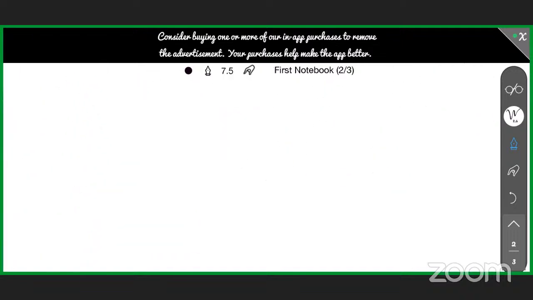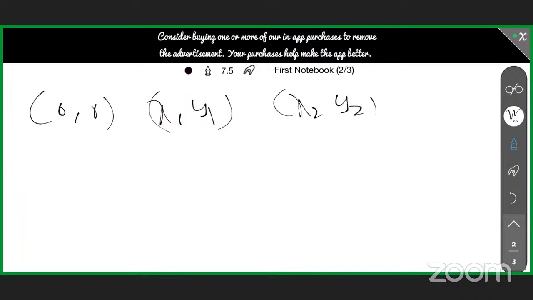Again, same thing. If my triangle has the vertices 0, 0, x1, y1, x2, y2, then orthocenter H is given by k into y2 minus y1, comma k into x1 minus x2.